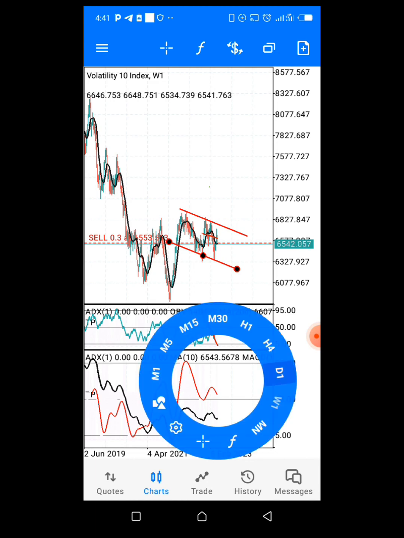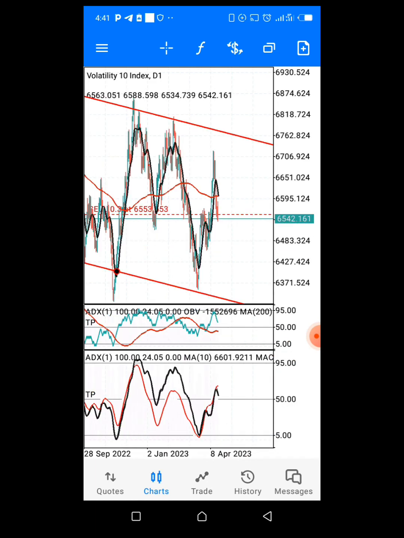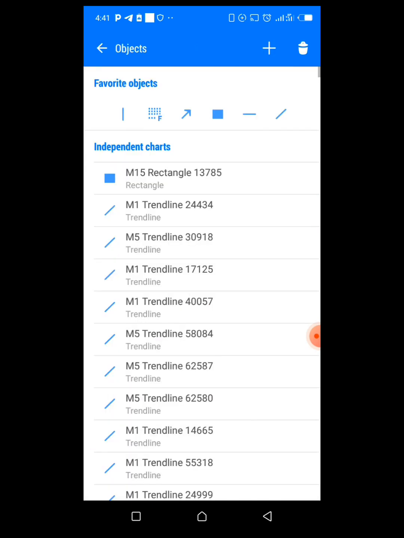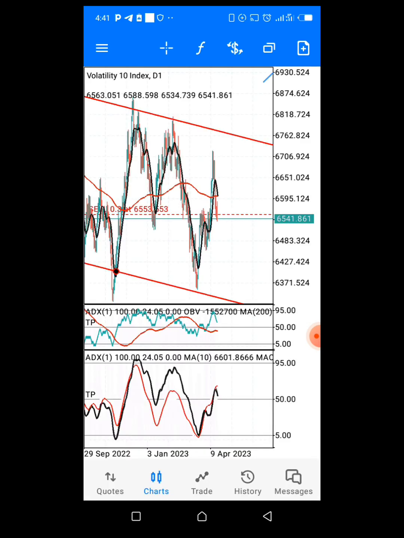So now let's check our daily time frame. You can see what the market is doing here very clearly. So why I took this trade was I brought out another trend line. You can see the trend line I brought out. I brought out another trend line from the trend line I drew from the weekly time frame.